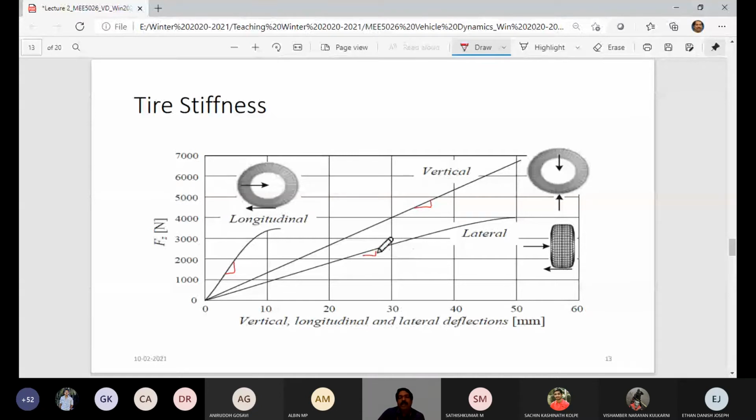So if I take a linear region, I can assume that it's a constant value. But you see here there is a non-linear region from here onwards, whereas here it is linear, right? So you have your ride models, especially the quarter car model or half car model that you are doing, pitch and bounce models. At that time you put in your tire stiffness as a constant value, you can take it.